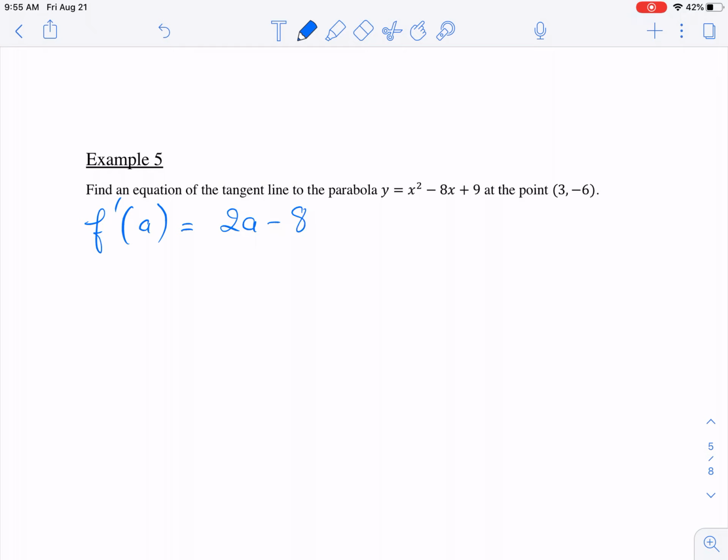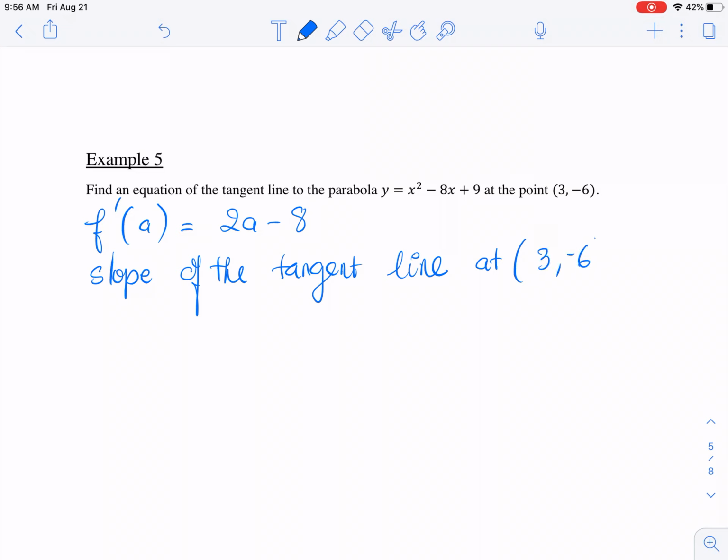So the slope of the tangent line at 3, negative 6 is f prime of a, and what's a? A in this case is 3. So you just have to plug it in. 2 times 3 minus 8, which is negative 2.